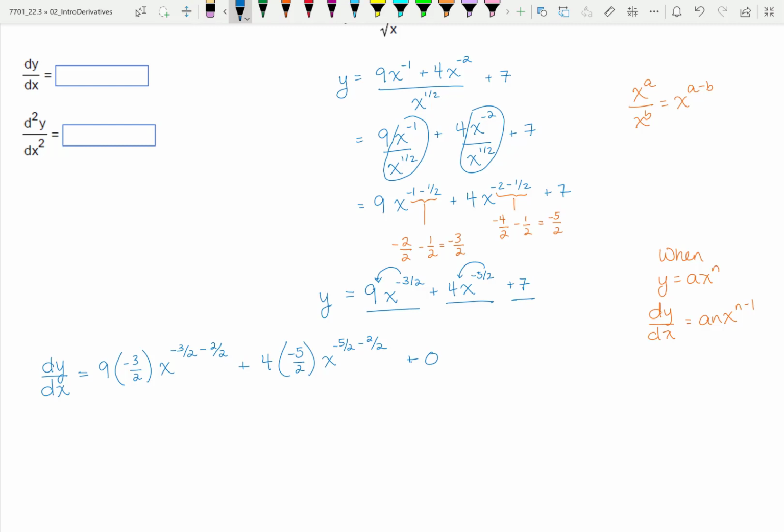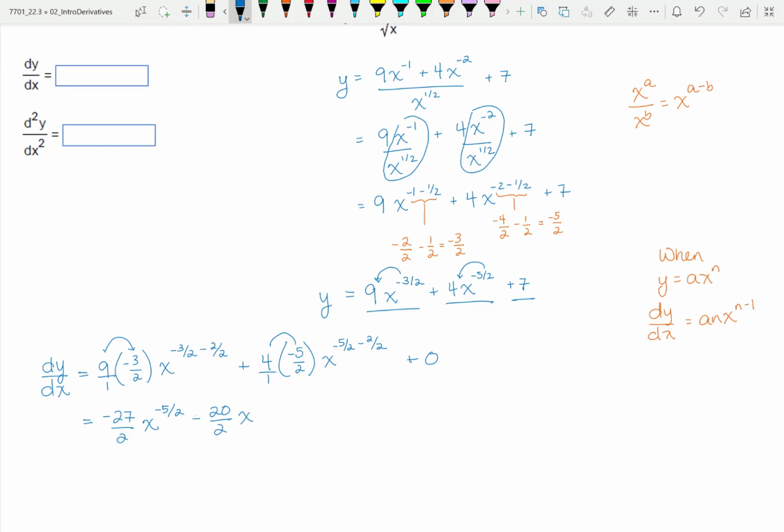Now cleaning this up a little bit, I've got to do my multiplication here. 9 is the same thing as 9 over 1. So I have 9 times negative 3 is negative 27 over 2, x to the power of negative 3 halves minus 2 halves. I add up those numerators and I get negative 5 halves. And then here I've got what's essentially 4 over 1, so I multiply 4 times negative 5 for my numerators. That gives me minus 20 over 2 times 1 is 2.